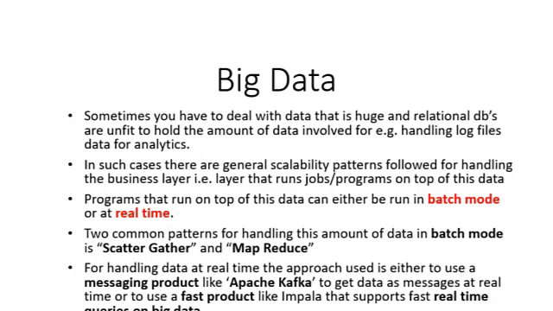So 2 common patterns for handling this amount of data in batch mode are scatter gather and MapReduce. For handling data in real time, I'm going to talk about 2 small approaches.